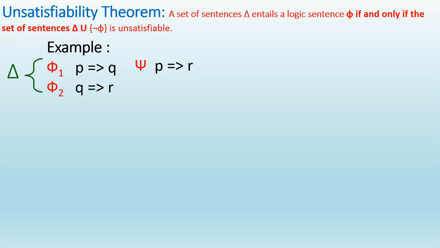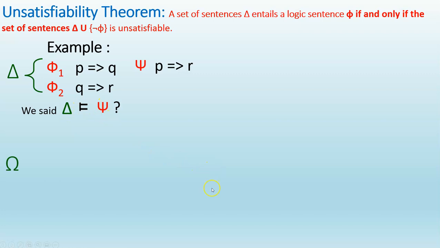Sometimes we have logical fallacies that make things that are not correct seem obvious. That's what we're working to undo here. So in this case, P implies Q and Q implies R. Some people think P implies R is obvious from that. Well, it happens to be true. What we're saying is delta entails psi.